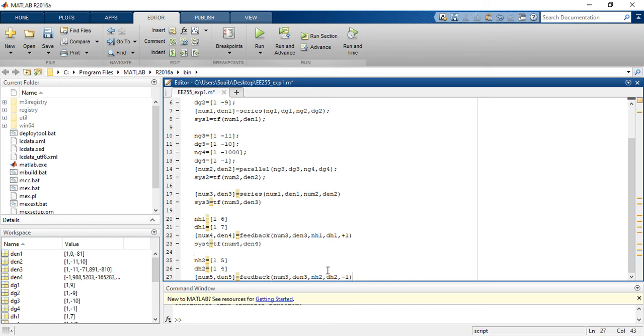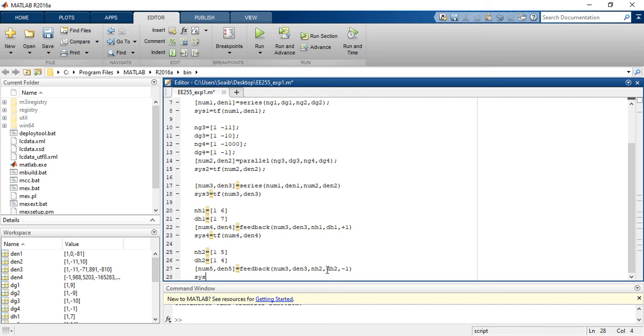Then I have to write system 5 is equal to transfer function of num5, den5.